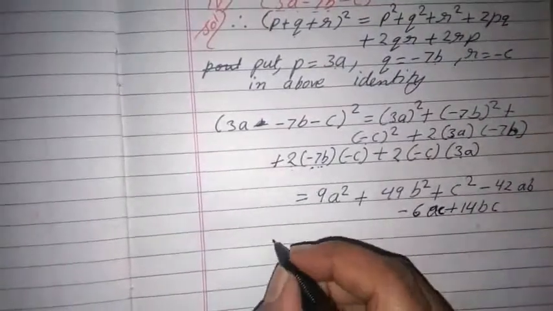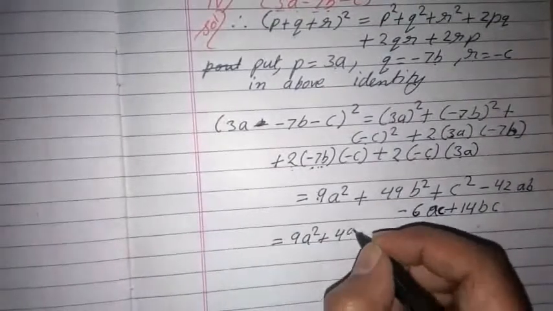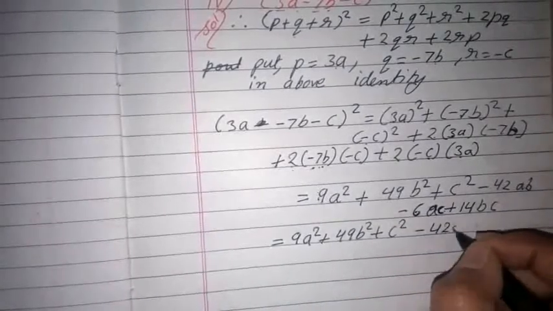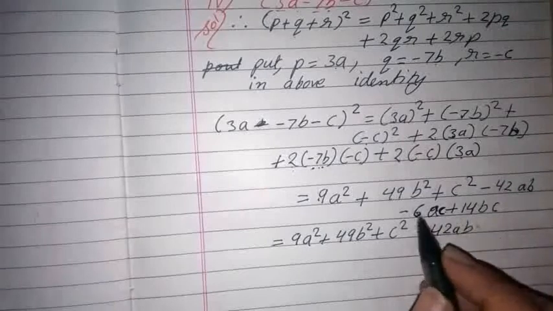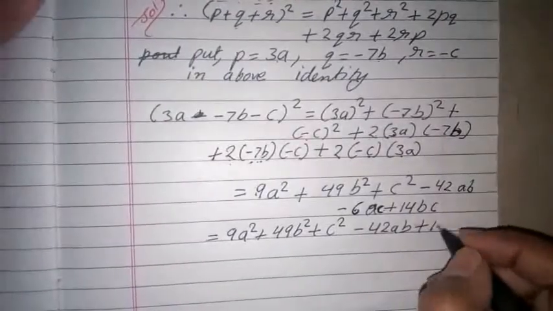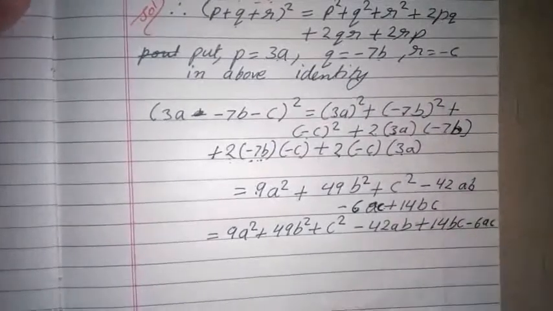Okay, so we will arrange them: 9a square plus 49b square plus c square minus 42ab. We will interchange the places of 14bc and minus 6ac, so plus 14bc minus 6ac.